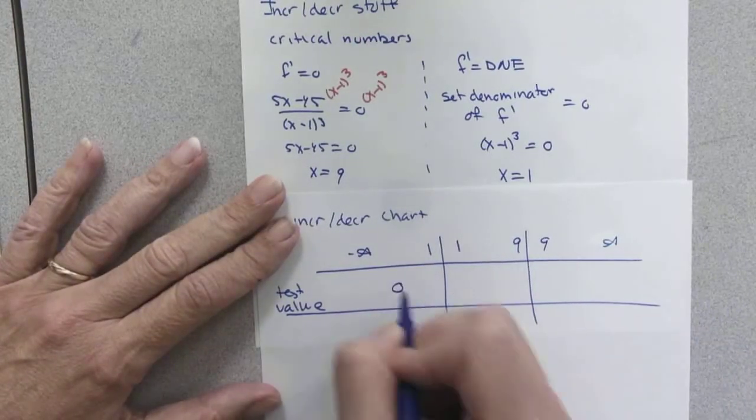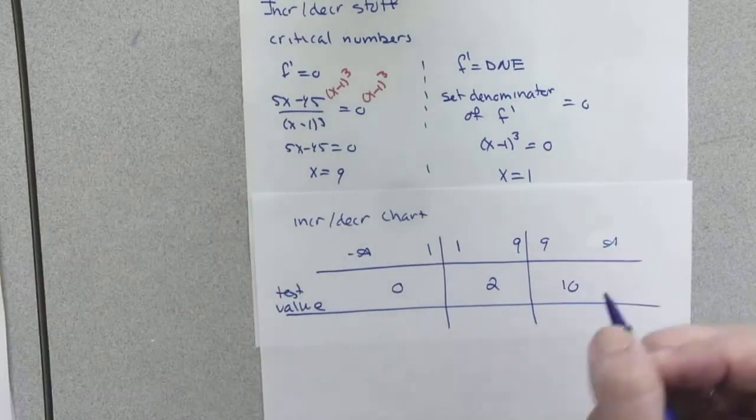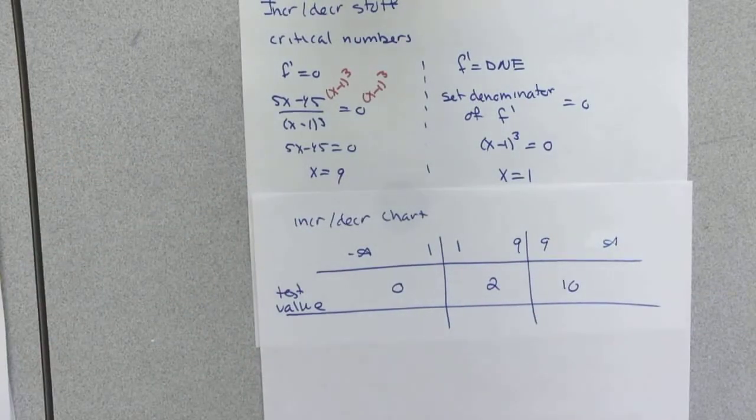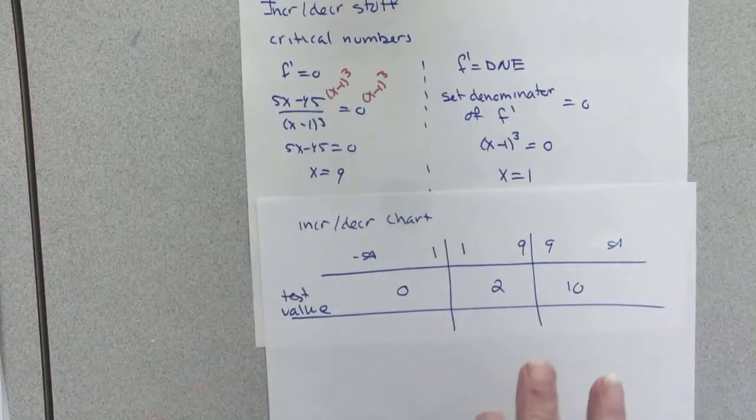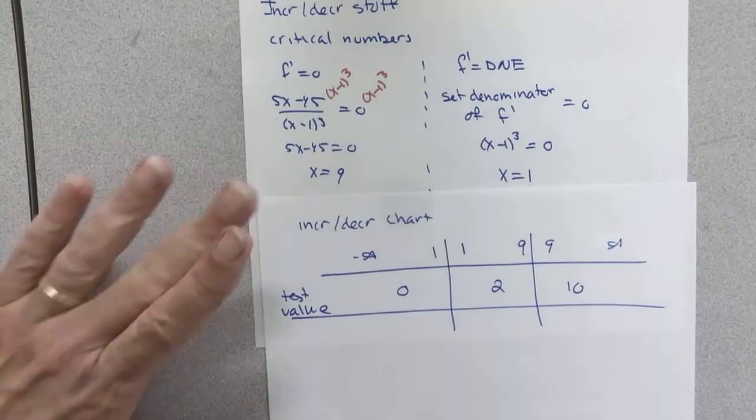Pick values here, 0, 2, and 10. And notice here, and I've said this before, in this first line here, I don't have the number 0 because I didn't calculate 0. But for some reason, so many people always include 0 in that first line. Don't use 0 if you didn't calculate it. Now here I'm picking 0 as a test value because that's just easy.